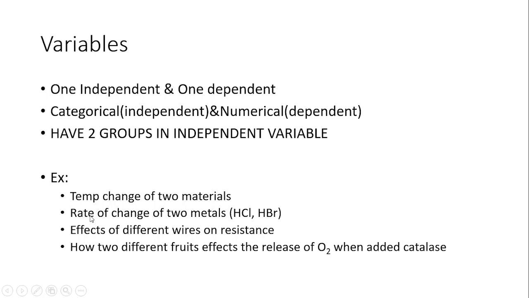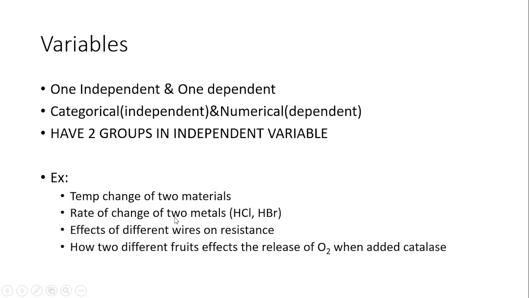Let's see the second example: rate of change of two metals. These are not metals, these are salts, but it's okay. Assume that you're doing rubidium and potassium. You're measuring the time difference. You probably wouldn't be able to measure those, but assume some other metals. You're measuring the rate of change, maybe rate of rusting outside.